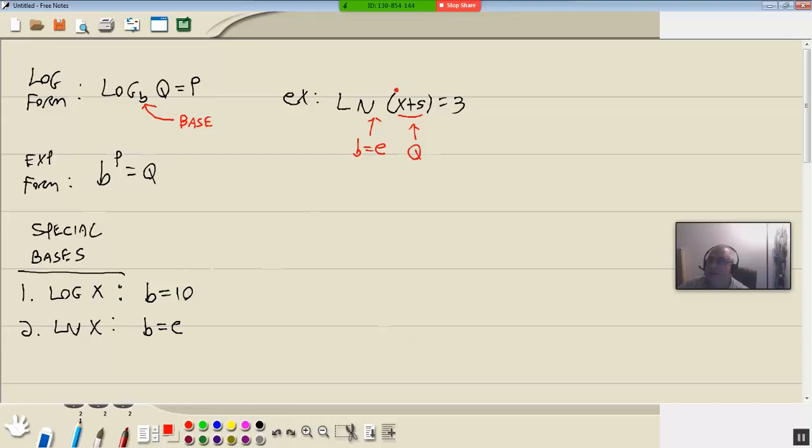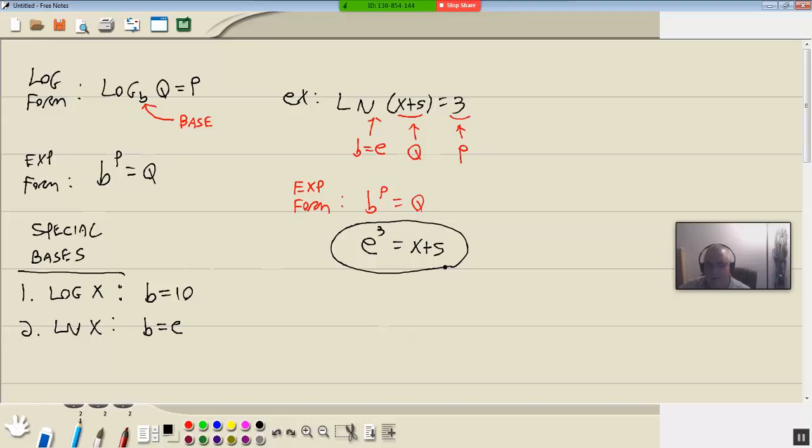And the other side is our p. So this is p. And then our exponential form is b to the p is equal to q. Well, b was e, p was 3, and q is x plus 5. And that would be our answer.